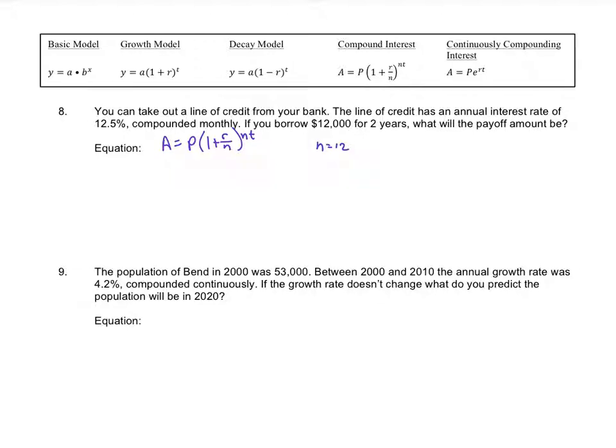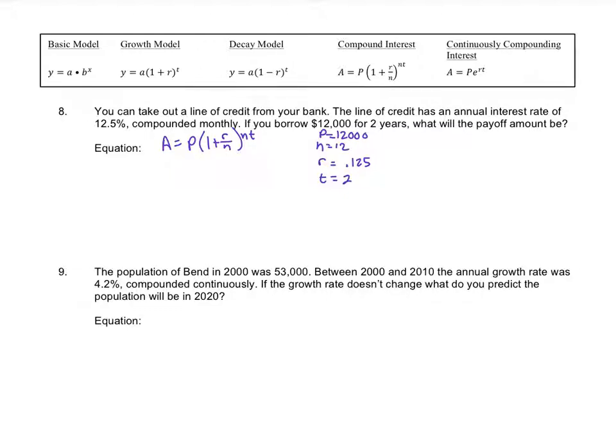Our principal amount is $12,000. Our rate is 12.5% or 0.125. Remember to move the decimal over 2 places. And our time is 2 years.